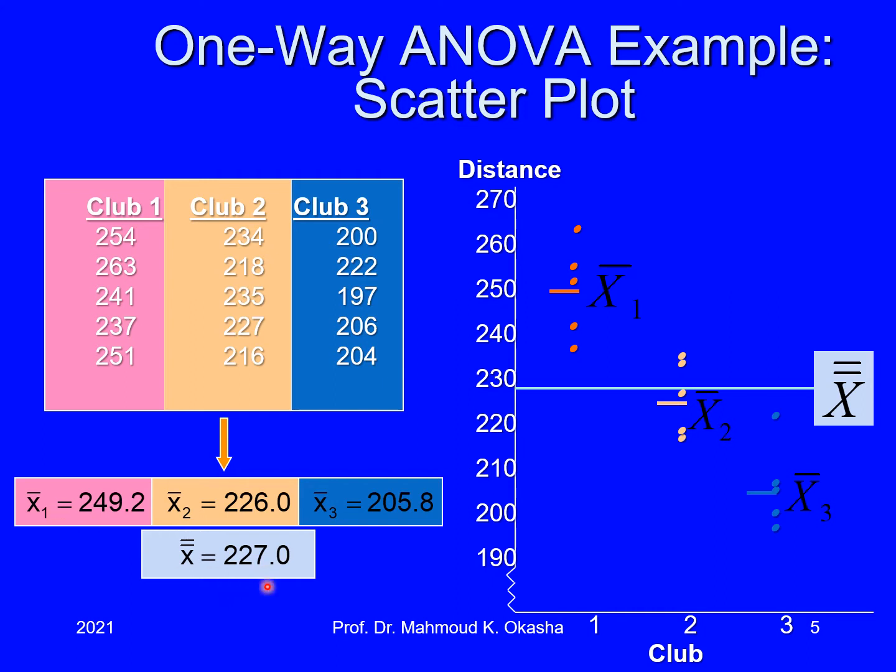Now, the overall or the grand mean, which is x bar, equals 227, right? So we want to test whether mu1 equals mu2 equals mu3, or at least one of these three means is different, right?